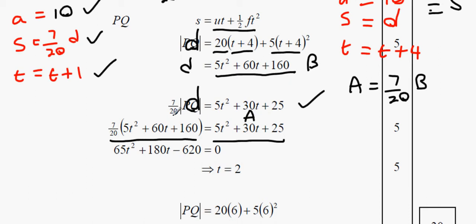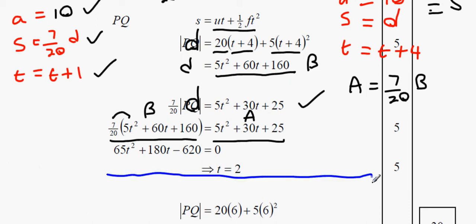Now what happens here is we just cross multiply. I'll just do this in the blue box here, if I can fit it in.